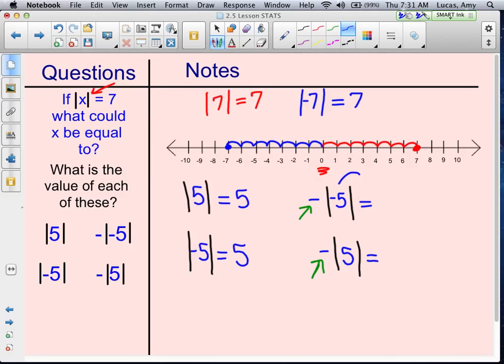Because the part inside the bars is what turns into the +5. Then you take that negative sign that was out in front and stick it out in front, and it gives you a negative answer on both of these. So the bars, after you evaluate what's inside of them, kind of like parentheses, the bars go away. They go away. The negative sign out in front of the bars creates a negative number.